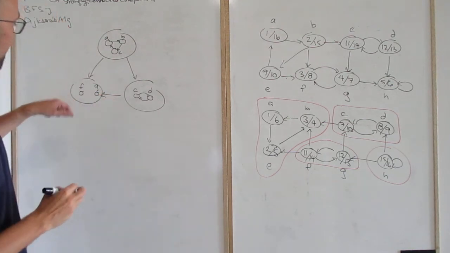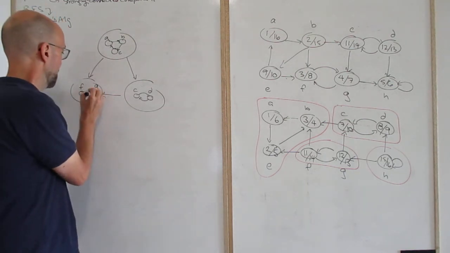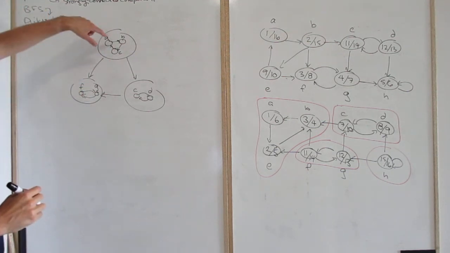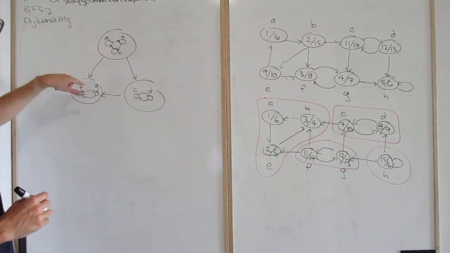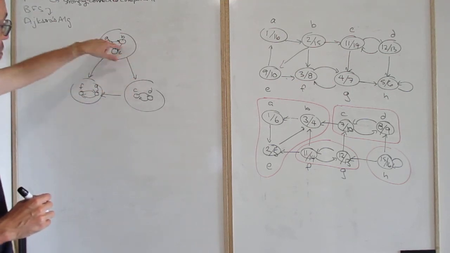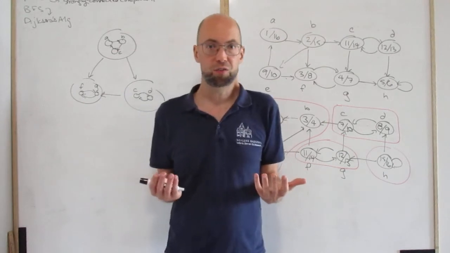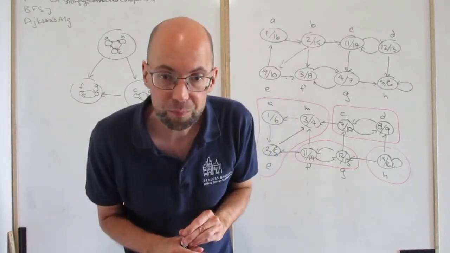But notice that you can't get from F and G back, right? Because if you go from A, B, and C, if you could get to F and G and then somehow you could get back to A, B, and C, then it would all be one strongly connected component.